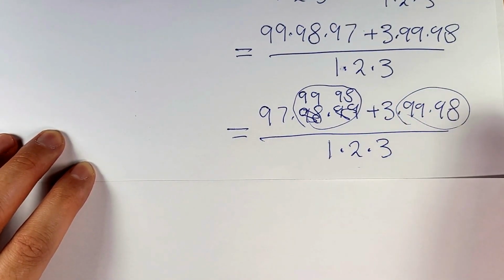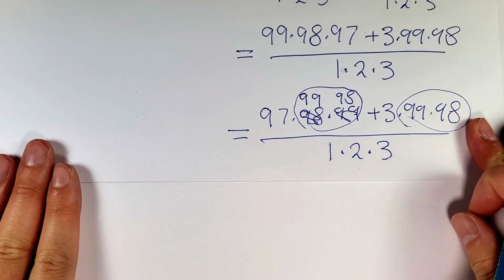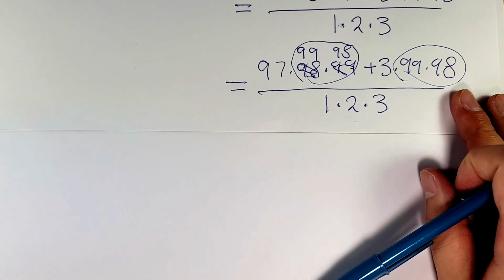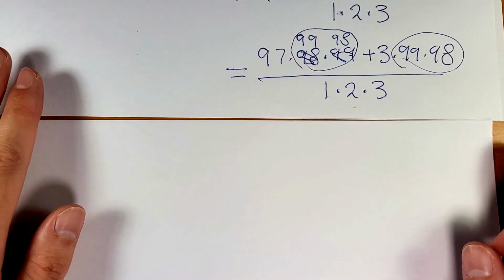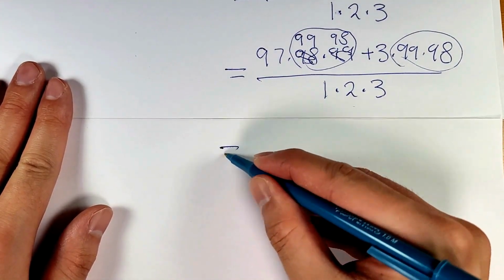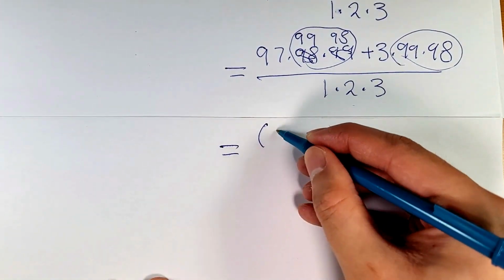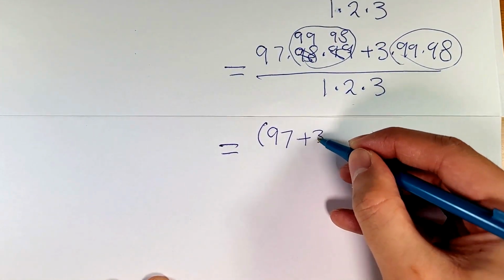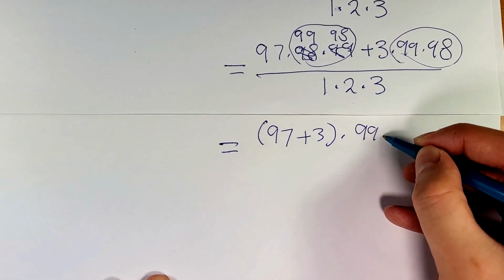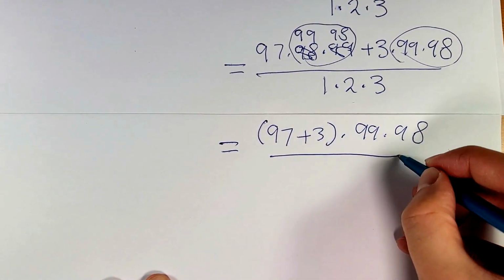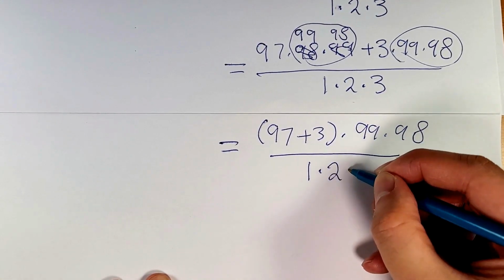I can move that to the right to get 97 plus 3 times 99 times 98, all over 1 times 2 times 3.